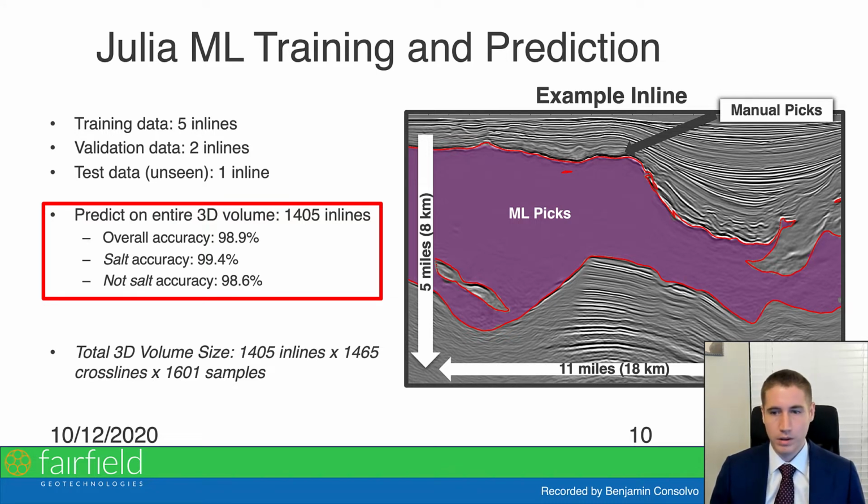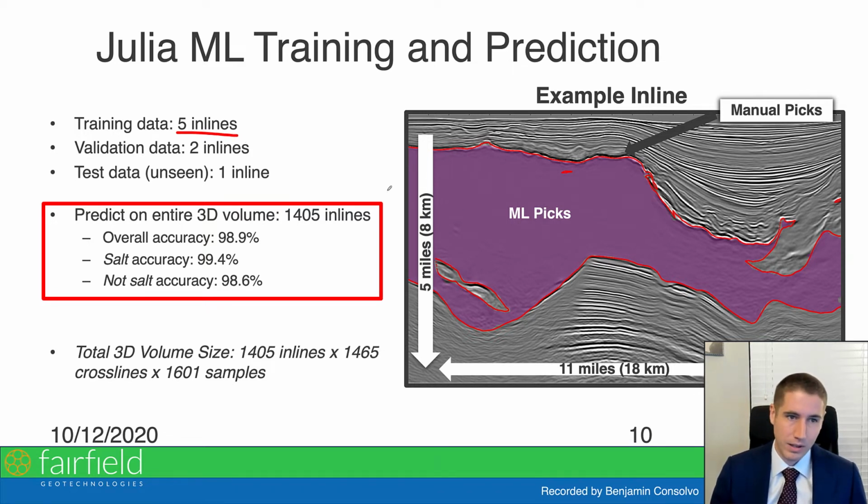One of the incredible things we found with the UNet approach is that we only needed to provide 5 randomly picked inlines and their associated salt picks out of a total of 1405 inlines to properly train the network and accurately pick the salt for this survey.